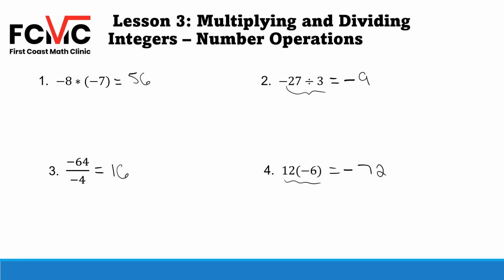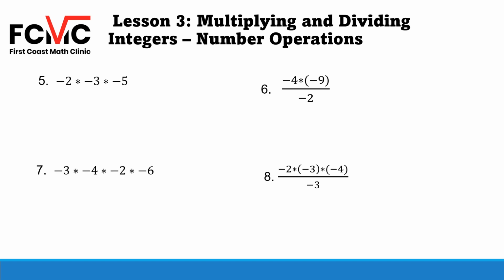Let's do a couple more examples. All right, so we've got 4 more examples. These are a little bit more challenging, so let's break some of these examples apart a little bit. So for number 5, we've got -2 times -3 times -5. So I'm going to do this first. -2 times -3, I'm multiplying two numbers that are the same sign.